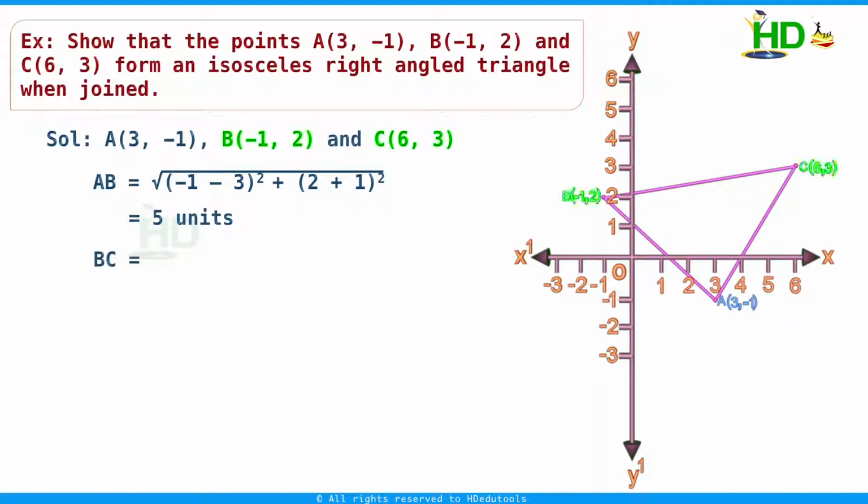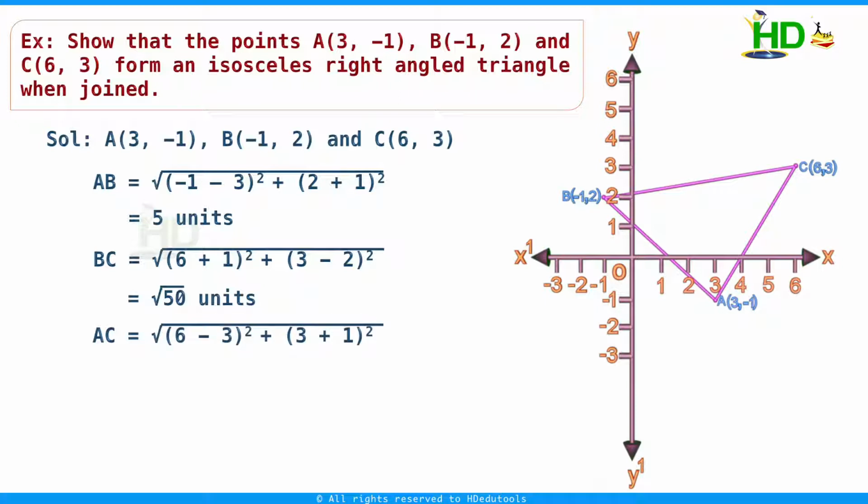And BC is equal to the root of (6 plus 1) whole square plus (3 minus 2) whole square. This is root 50 units. And AC is the distance between the points A(3,-1) and C(6,3). Therefore AC is equal to the root of (6 minus 3) whole square plus (3 plus 1) whole square. This we get 5 units.